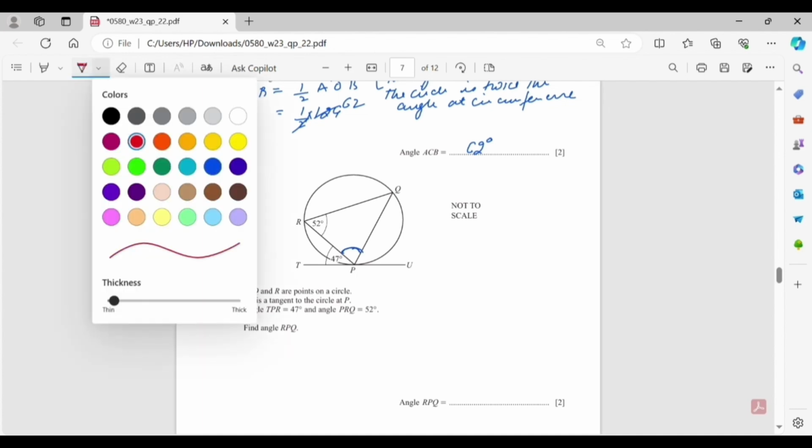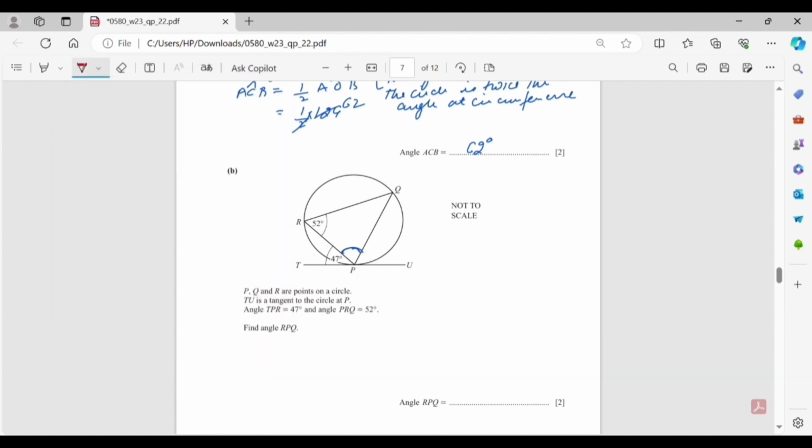Now this will be 47 degrees. Why? Because of the alternate segment theorem of the circle.